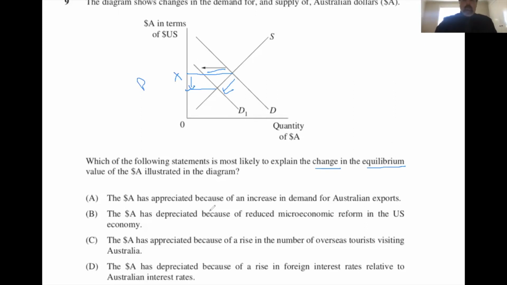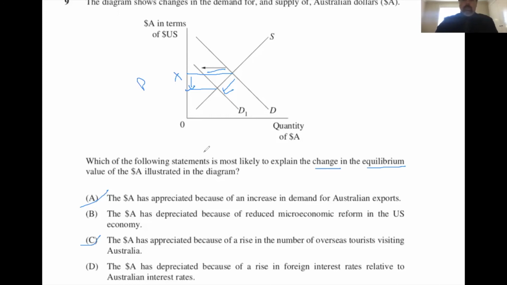So when we're looking at our answers, even though it's not in tabular form, it's saying that the Australian dollar has appreciated or depreciated, okay? So we can immediately knock out A, okay, and C. Now, the reasoning behind that is that in this particular question, the exchange rate has depreciated.